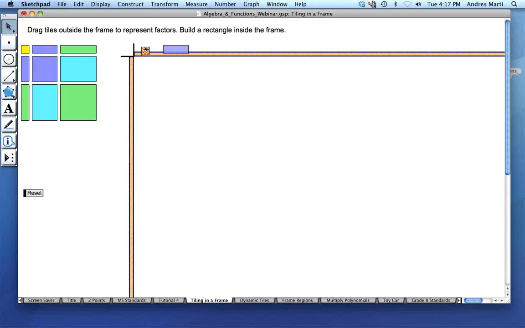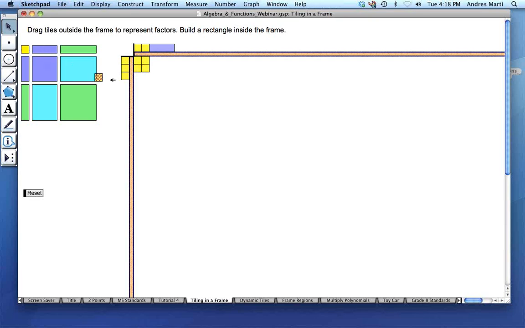So let's do it in the order they do it. So 2 plus x. And then in the other way, it was 3. And then this sort of represents the length and width of this arrangement, and then you can fill in the area using individual pieces like this.